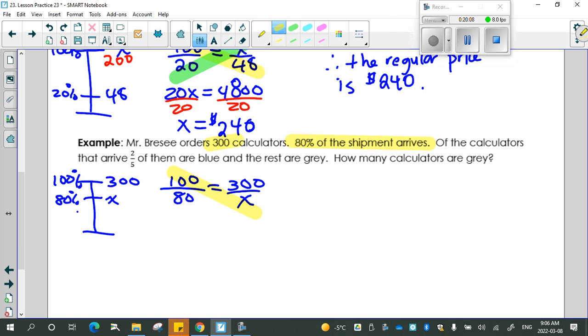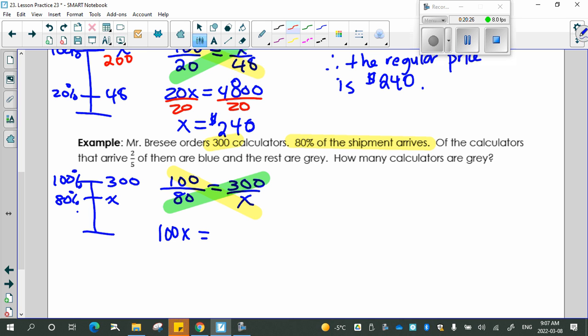Find your X and cross multiply. Wouldn't 80% be 4 over 5? Yes. You can do it, as long as you show you're thinking the same answer as me, you'll be good. Okay?